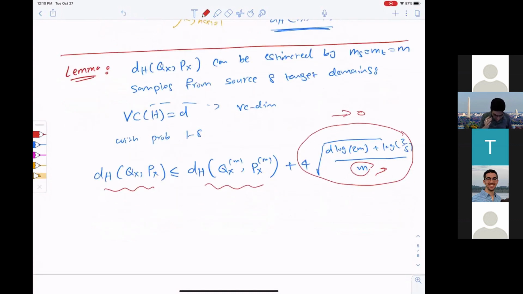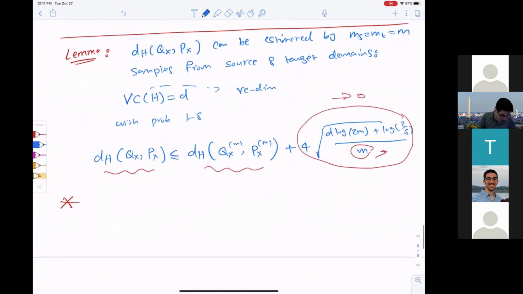Now, what about the method? What method can we use to estimate the H divergence? From the intuition we have, we can estimate it by solving that supremum over H, which is like finding a classifier that can classify the source versus the target domain.